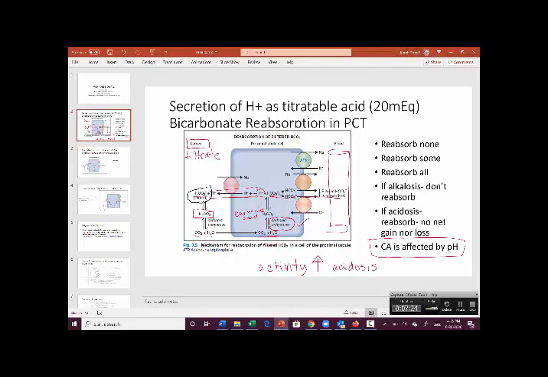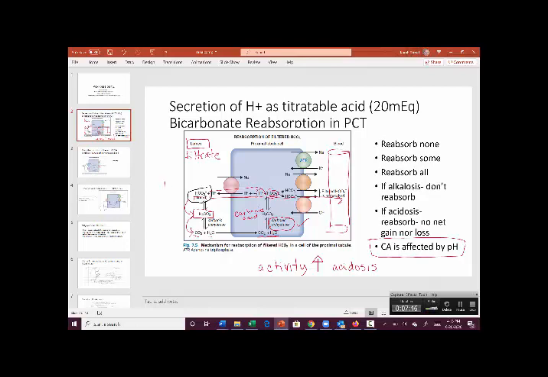It comes back into the blood. Now the bicarb that was filtered has been chemically changed into carbonic acid and then CO2 and water. It is no longer bicarb. But notice that the bicarb we made in the cell is now put into the blood.